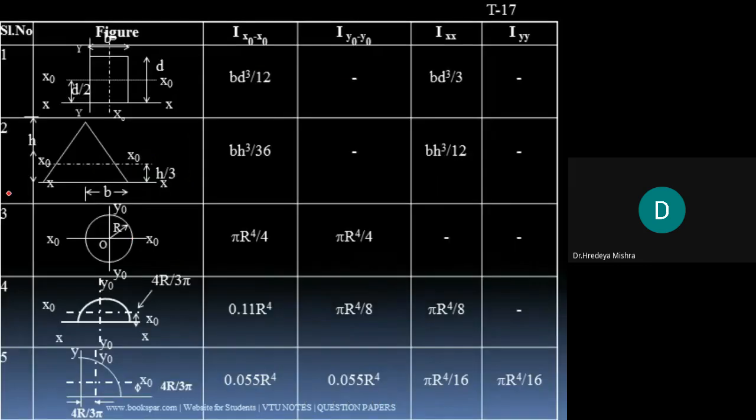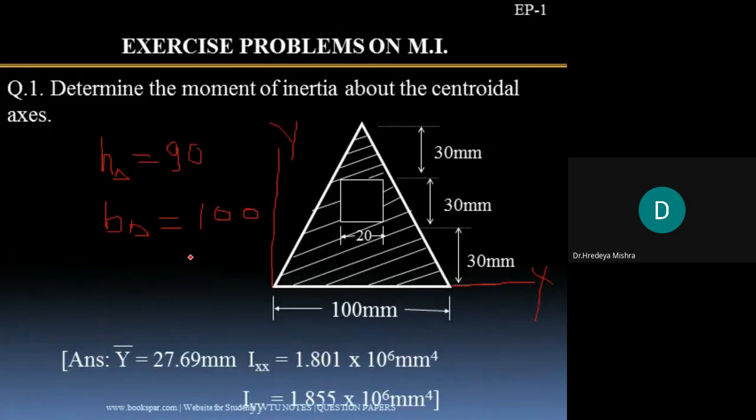Now, from here to here the distance is b, meaning this half distance is b, and this is h by 3, and we calculate the Ixx here, and this is Ix naught. How are we going to calculate this value?